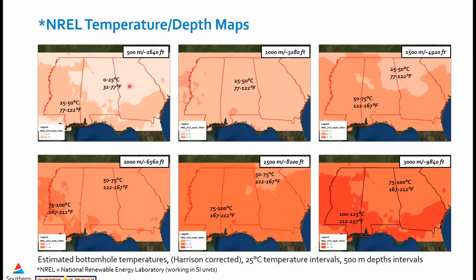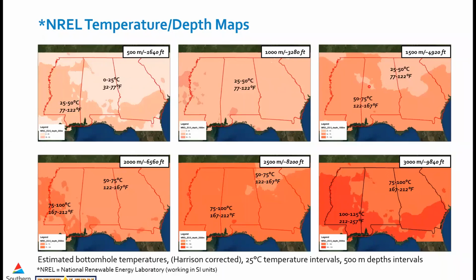So you can see you have an area here with 0 to 25 degrees Celsius. The Celsius or the degree Fahrenheit is down here. And in these two areas here, it's 25 to 50 degrees Celsius. For each 500 meters, the next here is a depth slab of around 1,000 meters.